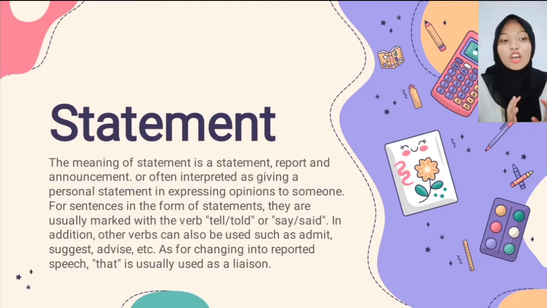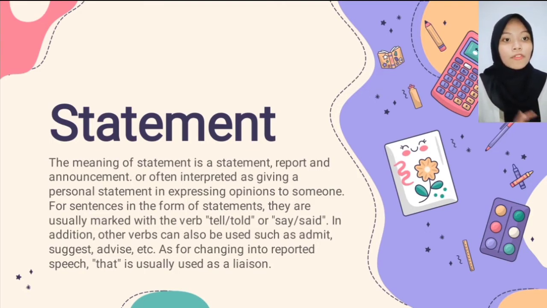Statement. A statement, report, and announcement are often interpreted as giving a personal statement in expressing an opinion to someone. Sentences in the form of statements are usually marked with the verb tell or told, or say or said.